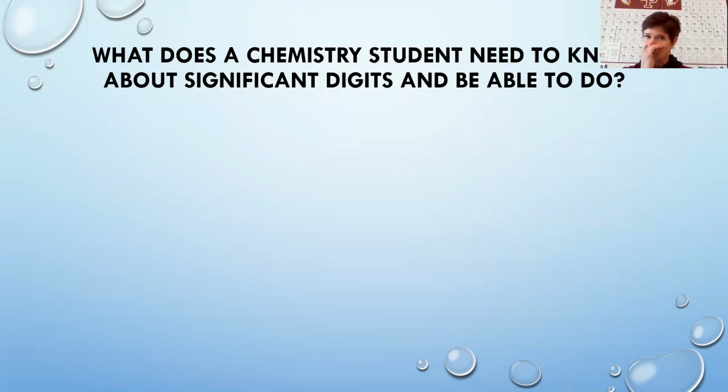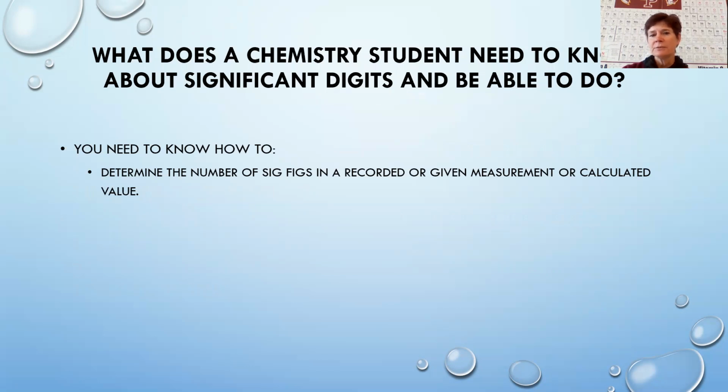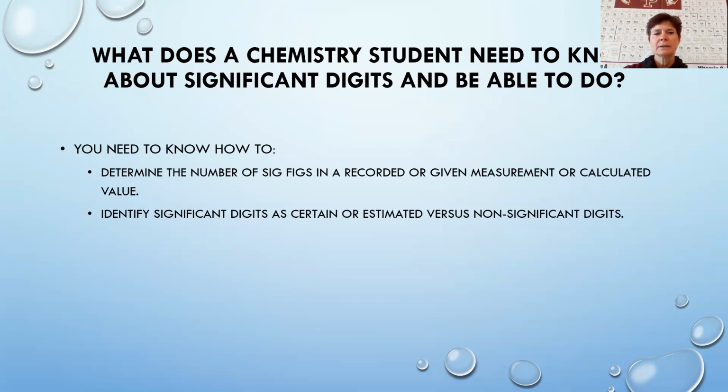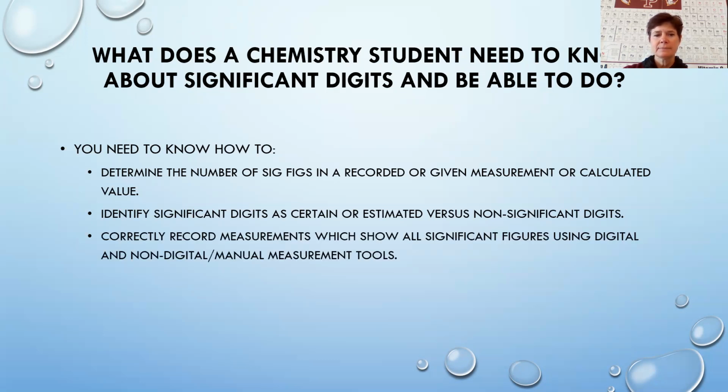What does a chemistry student need to know about significant digits and be able to do? Here's what you need to know how to do. Determine the number of sig figs in a recorded or given measurement or calculated value. Identify significant digits as certain or estimated versus non-significant digits.